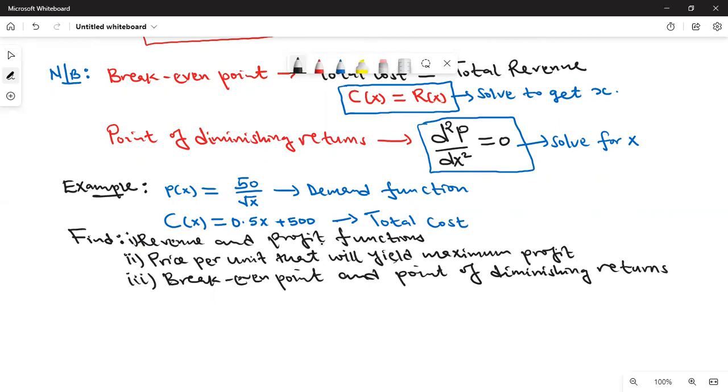So we need to find the price per unit that will yield the maximum profit, etc. So let's work out this problem.